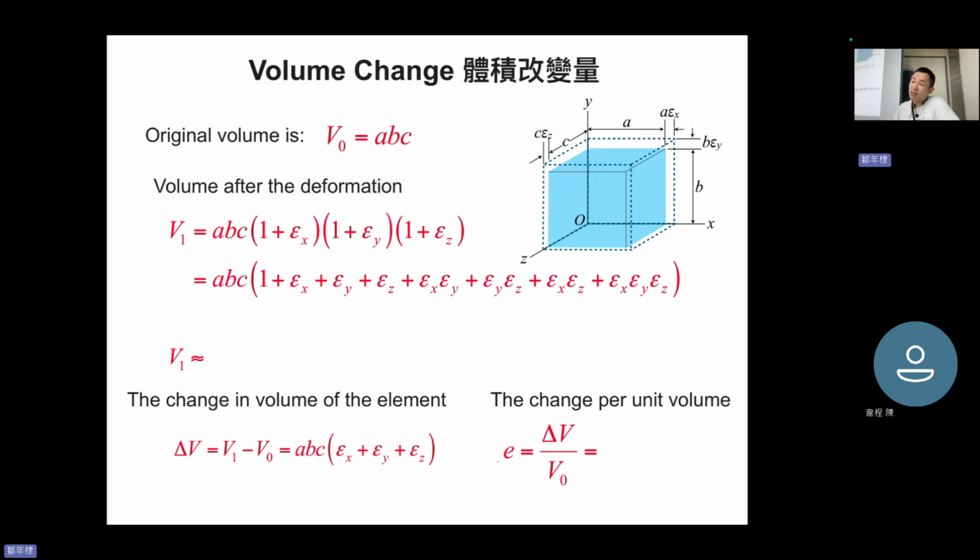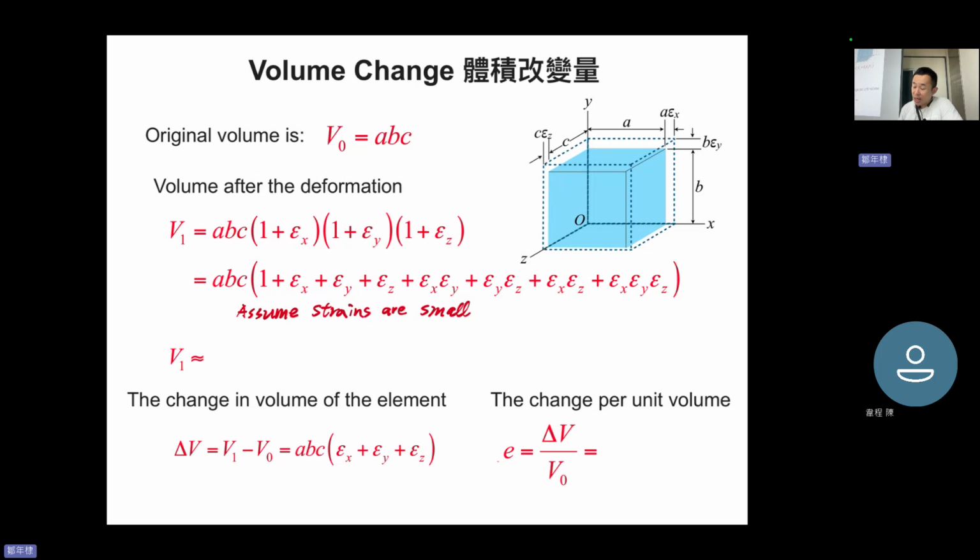Okay, after loading, you can have ABC times 1 plus epsilon x, 1 plus epsilon y, 1 plus epsilon z. And then if you expand them, you can get this long and ugly equation. But don't worry, because we assume that strains are small.